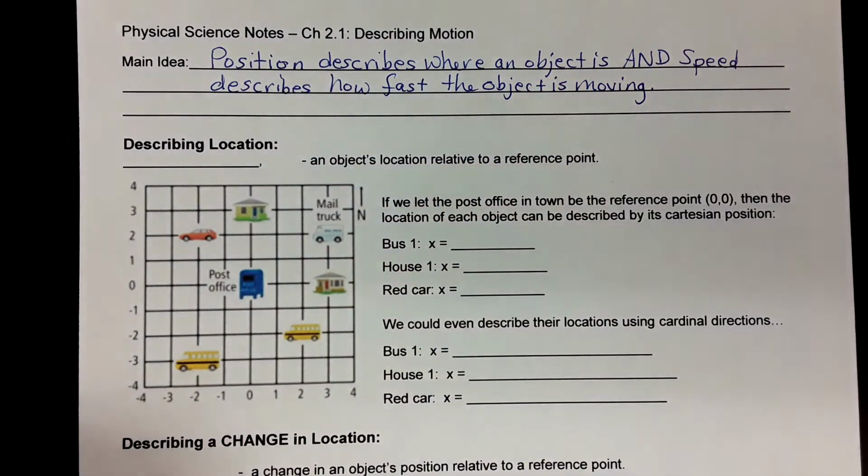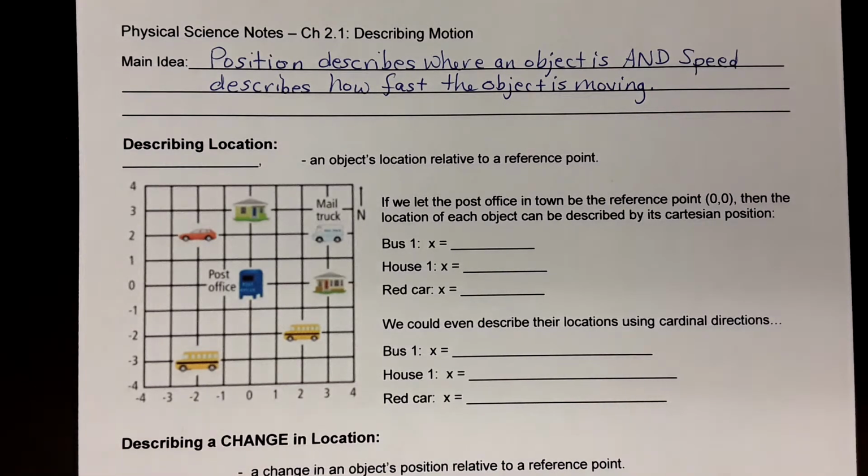So that's the main idea here. Position describes where an object is, and speed describes how fast it is moving. Okay? So let's get started.